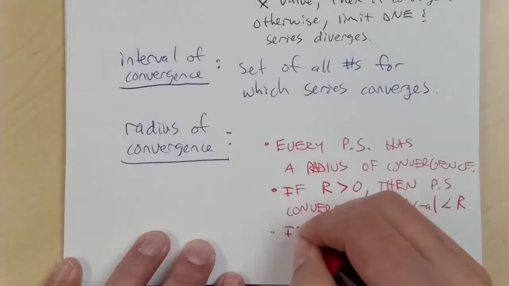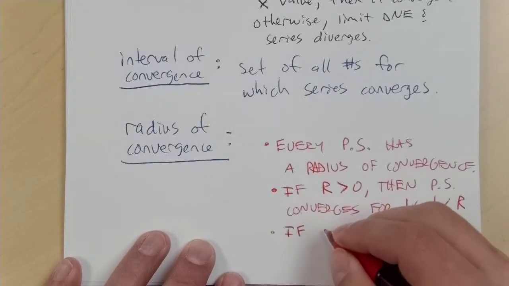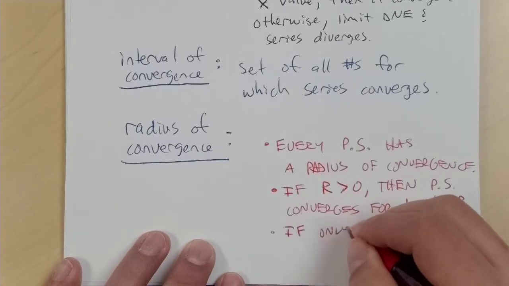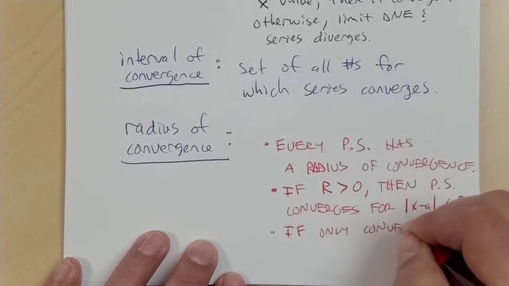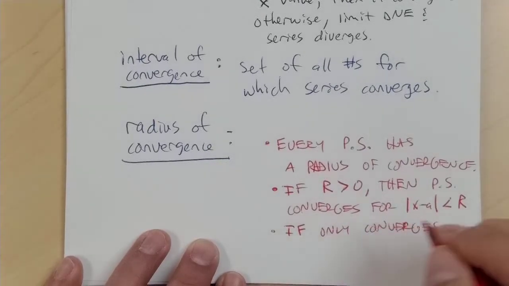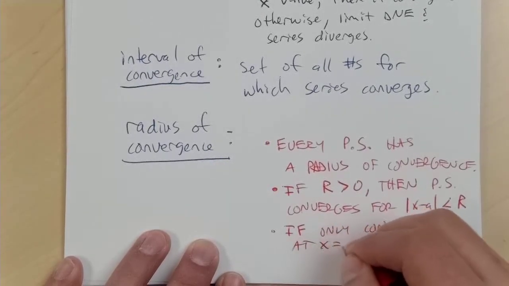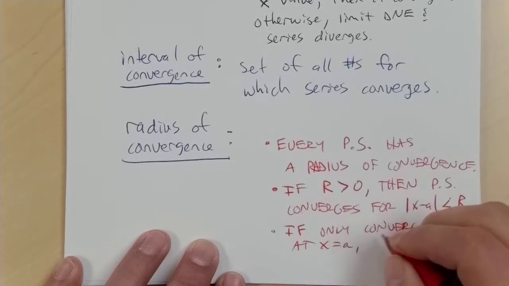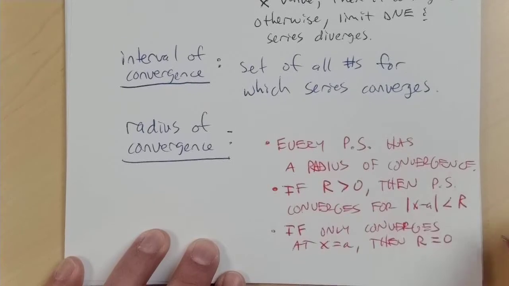If it only converges at where it's centered, at x equals a, then obviously the radius of convergence is going to be 0.